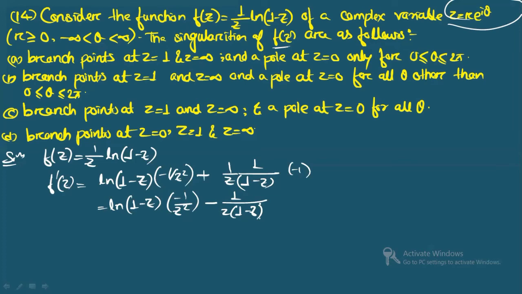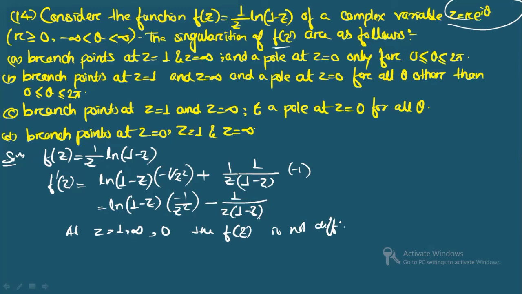Now you see, is it clear? Here f(z) is not differentiable at which points? When you see ln(1 minus z), it will give z equals 1, infinity, and 1 by z will give z equals 0. So at z equals 1, infinity and 0, the function f(z) is not differentiable.